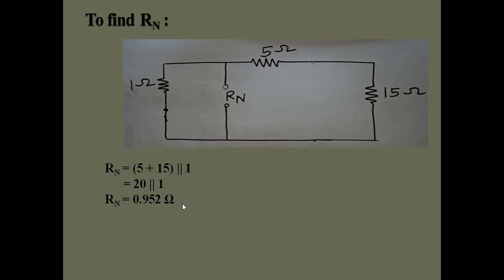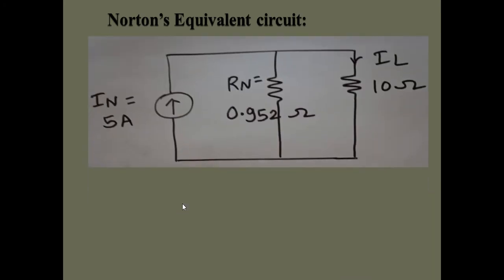After calculating IN and RN, we will draw the Norton's equivalent circuit, that is IN in parallel with RN in parallel with RL. As all branches are parallel with each other, we can apply the current division rule to find the value of IL. What is CDR?